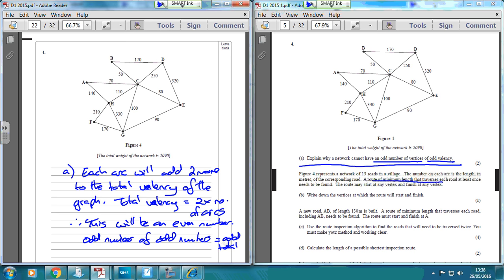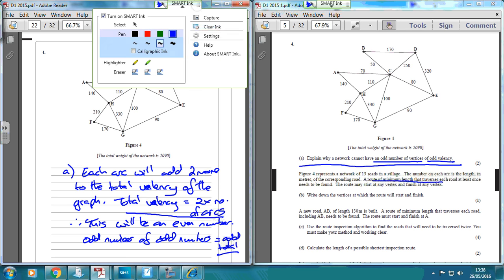Because an odd lot of odd numbers is an odd total. So therefore, we can't have an odd total because the total valency will always be even. Okay, now that we've got that cleared up, let's have a look at part B.